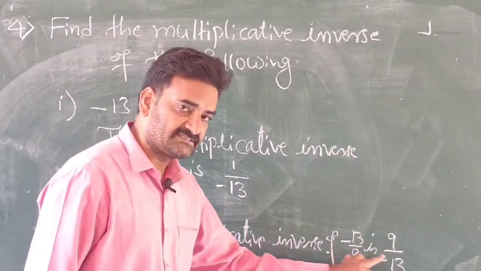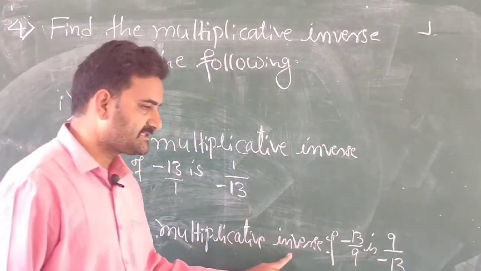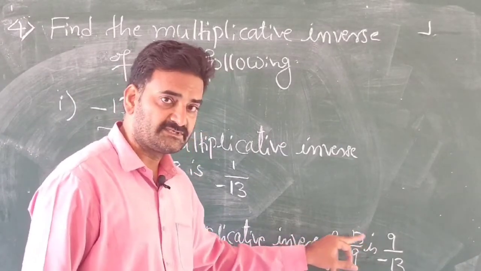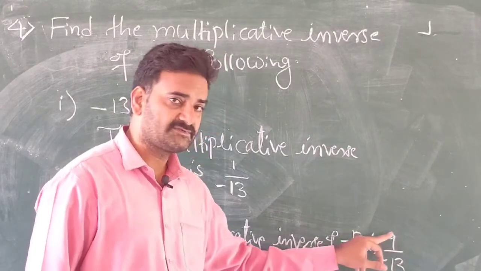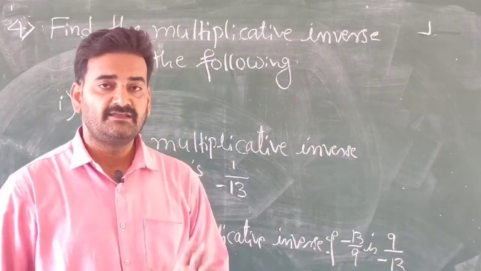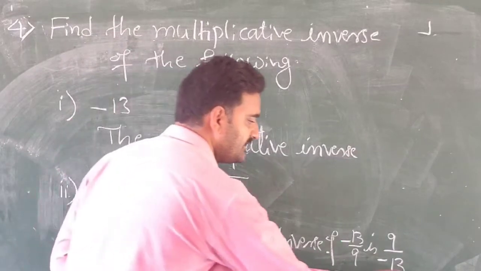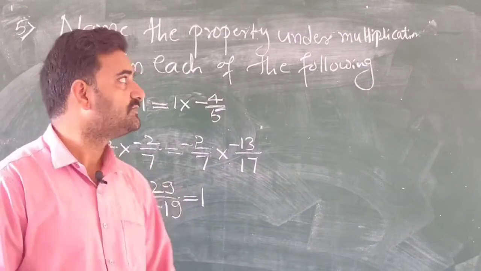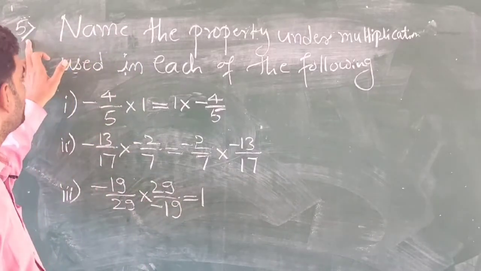Multiplicative inverse means the reciprocal of the number. Numerator becomes denominator and the denominator becomes numerator. This is the way you are going to write the multiplicative inverse.